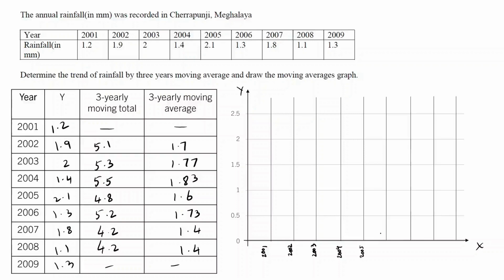Like that we have to write till 2009. So this is year. And then along the y-axis, we have the data for rainfall in millimeter. So this is rainfall in millimeter.